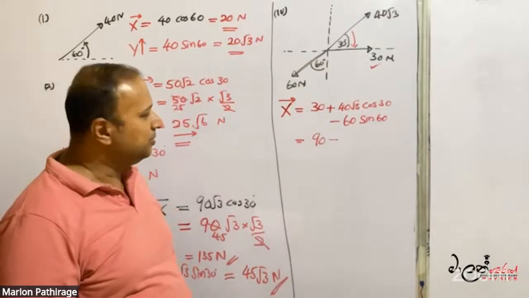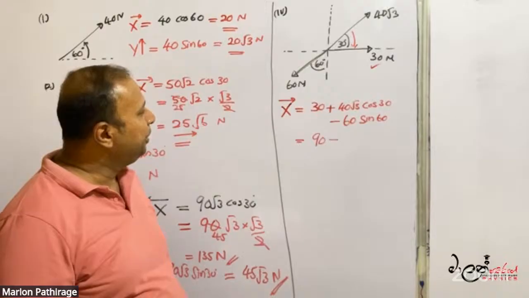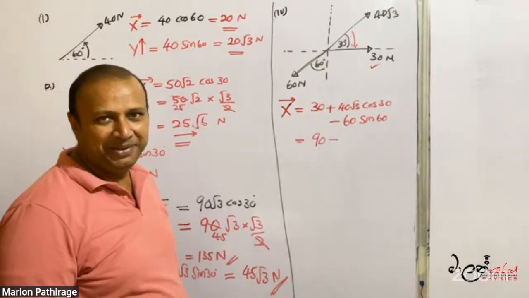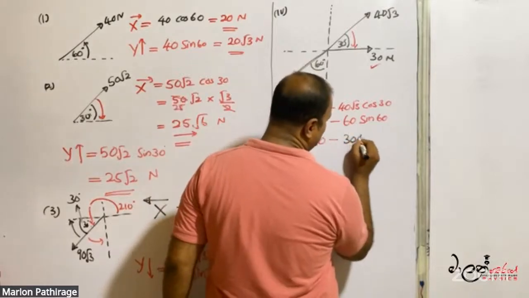60 sin 30 means 60 into root 3 over 2, which is 30 root 3.